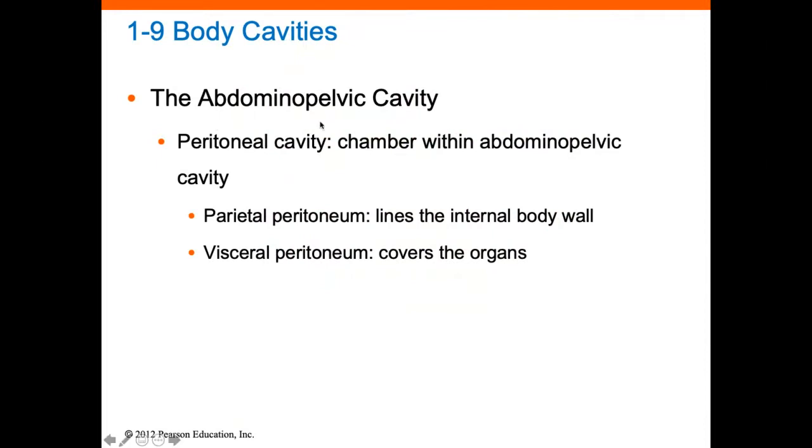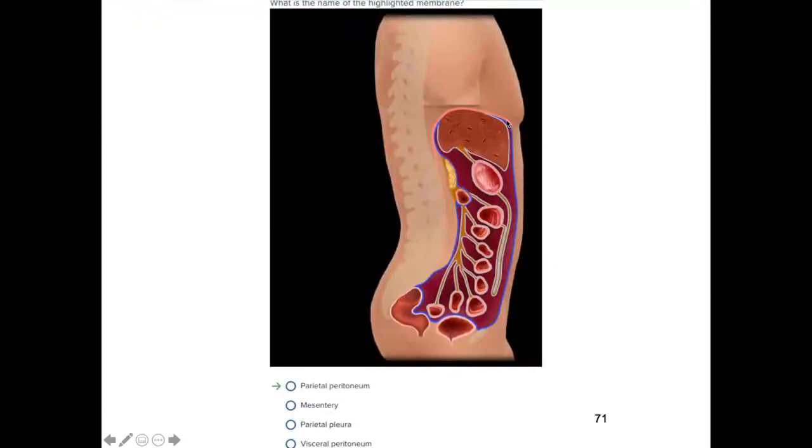And now we're going to finish up with the abdominal pelvic cavity. When we talk about the abdominal organs, we're going to use the word peritoneum. Again, there's a visceral peritoneum that's going to cover the abdominal organs, and then a parietal peritoneum that lines the body wall. So here we're looking at a sagittal view of most of the abdominal organs from the side view, so it looks very different.